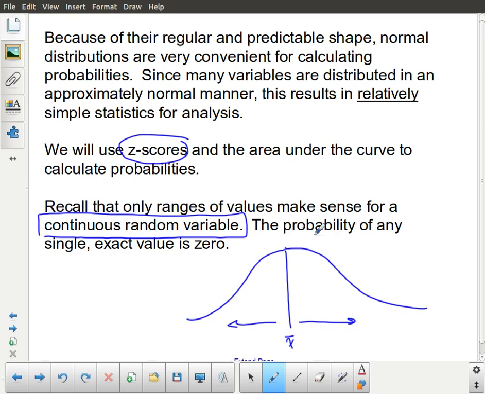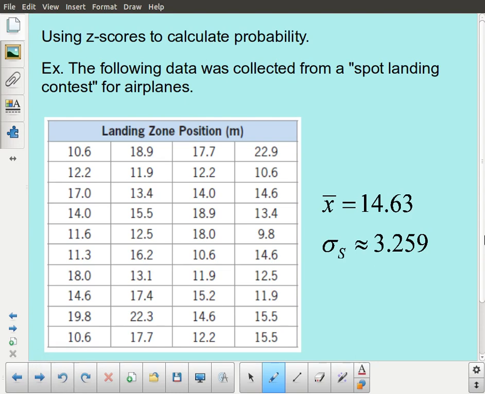I realize I'm sometimes mentioning things here that I'm not going to be going into detail in this particular lesson. The probability of any single exact value is 0. We don't have to get into the subtlety of that. Some of you watching this may already be familiar with it, but I know that some of you won't be. So I'm going to move on from there without giving it any more attention.